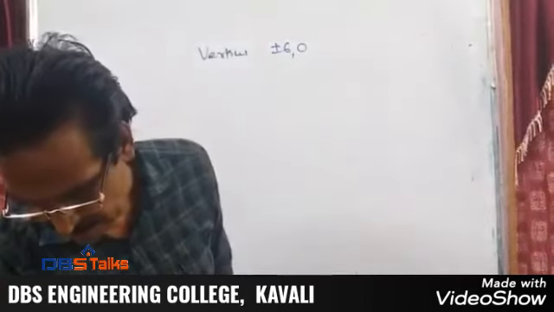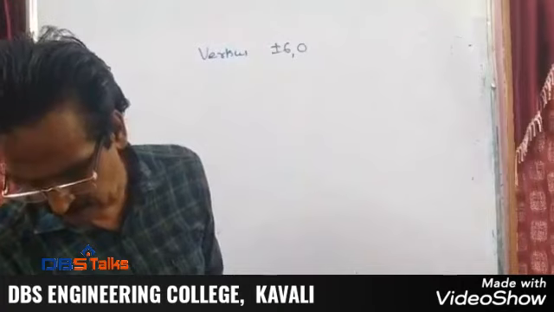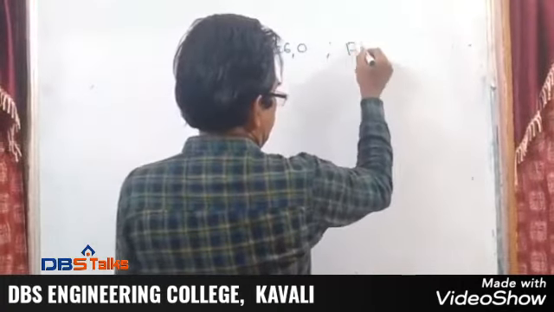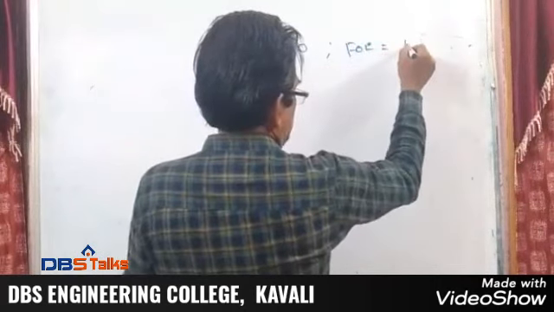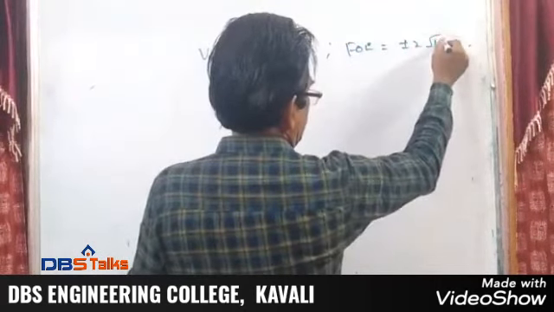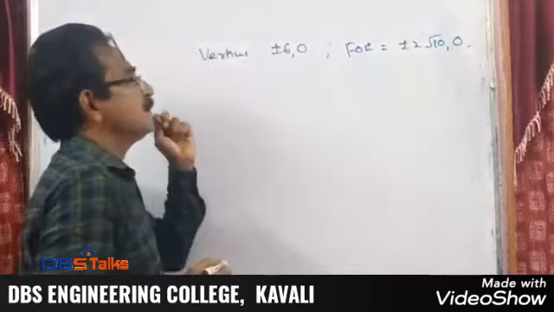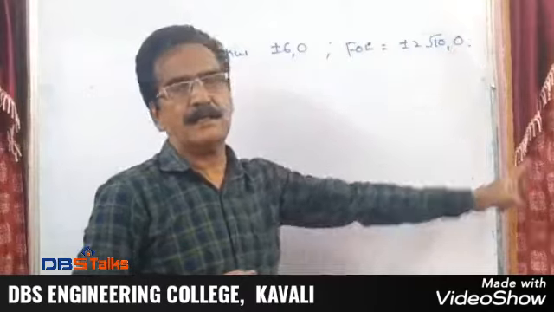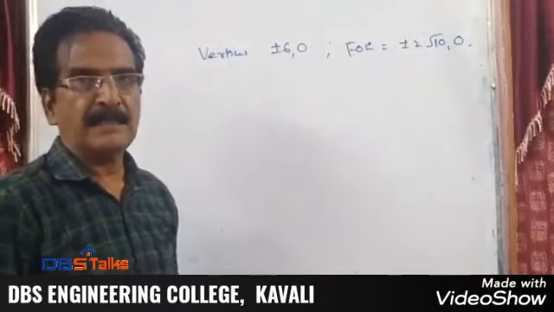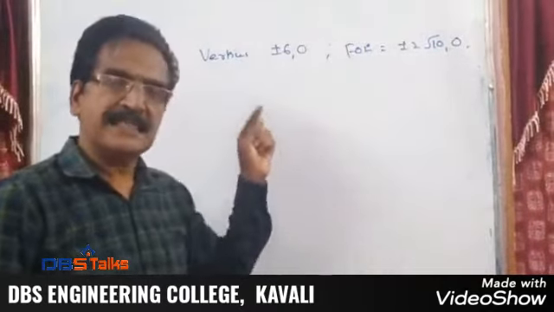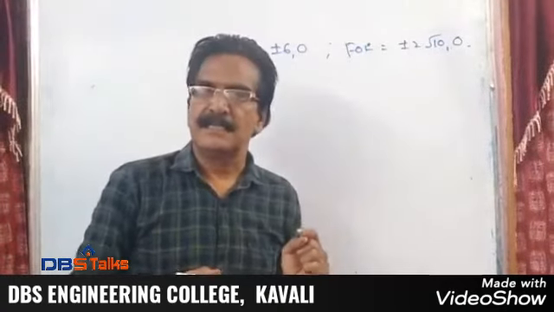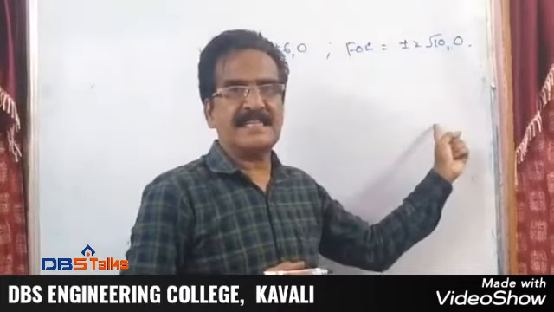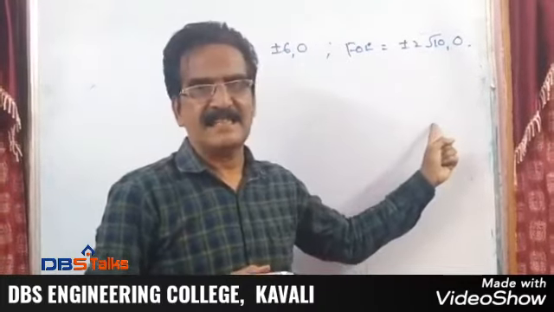Okay, fine. So next, foci are plus or minus 2 root 10, 0. So here the y coordinates are 0, 0, so the center is the origin and the transverse axis is the x-axis.